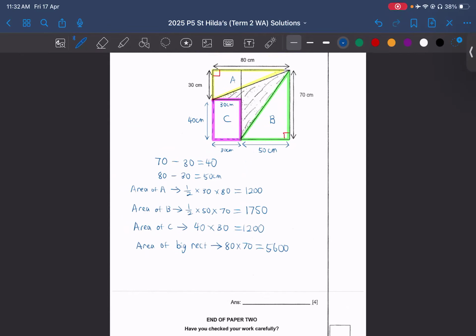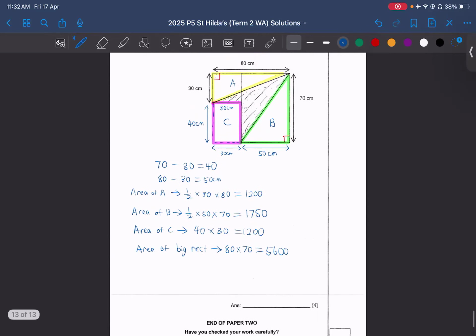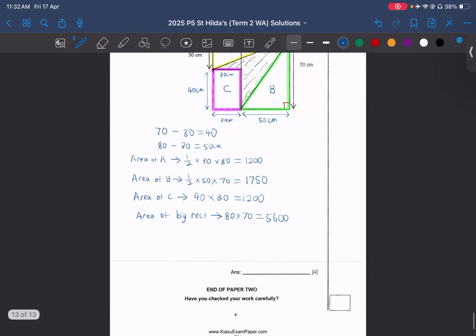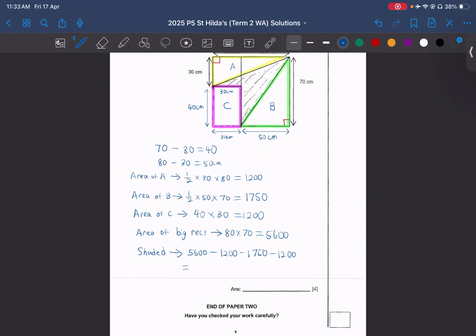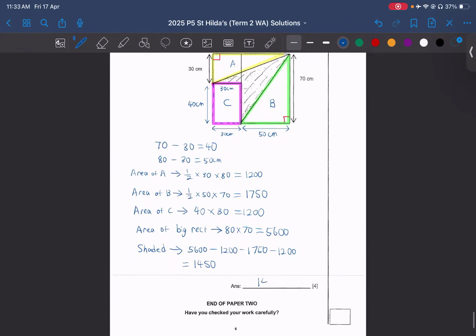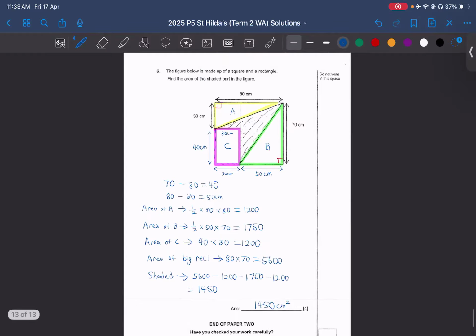In order to find the shaded part, we'll just have to take our big rectangle, which is 5,600, subtract away parts A, B, and C, which is 1,200, 1,750, and another 1,200 for part C. So this will give me the answer of 1,450, which is your answer for this question 6. 1,450 cm squared. That is the area of the shaded part.